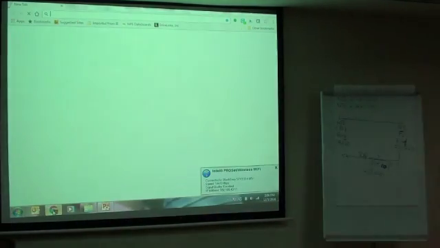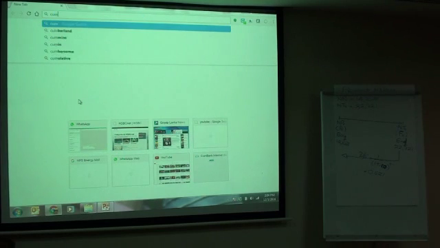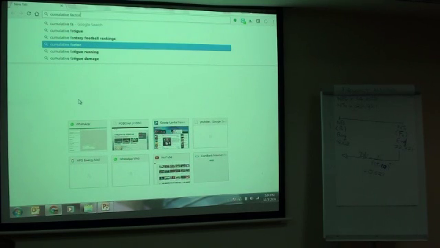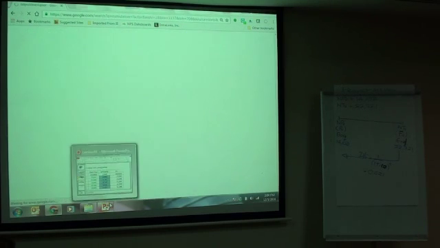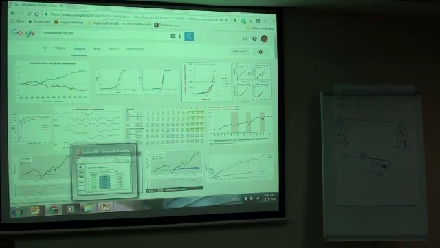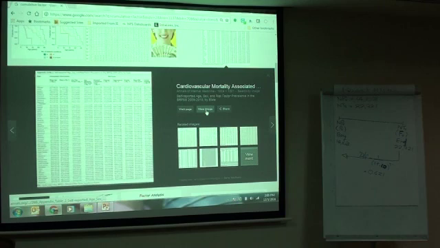Good. Now let me show you the same 3.6. If I type cumulative factors, images, I'm sure I'll get the factors. Alright, cumulative factors.